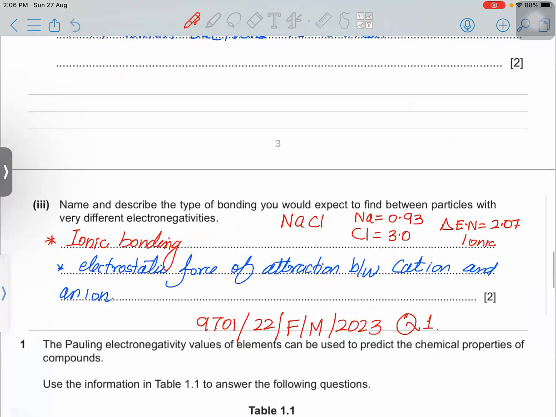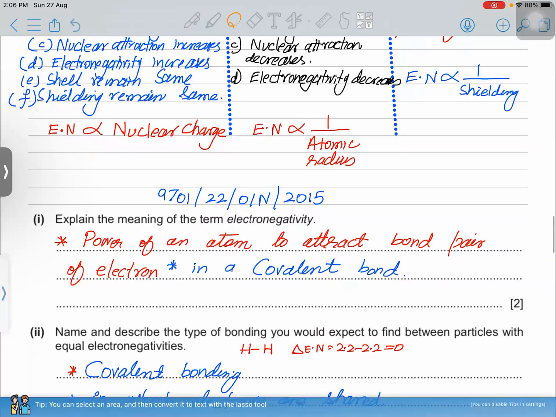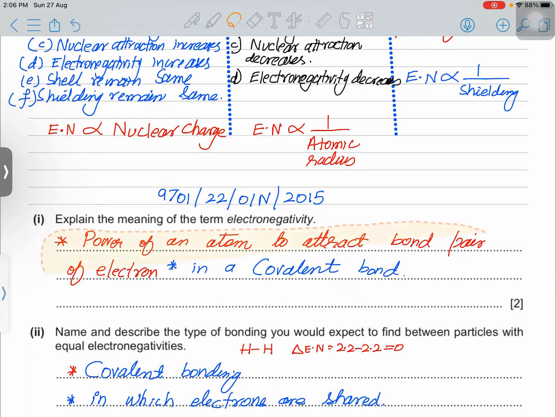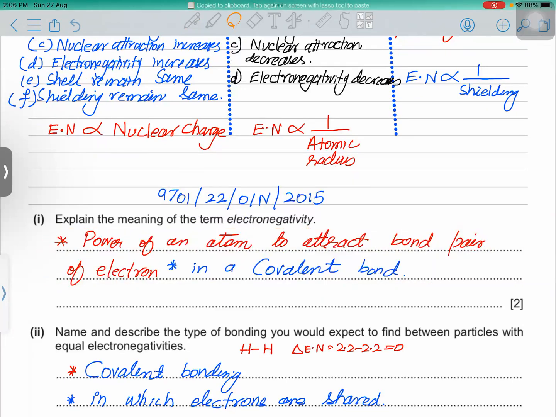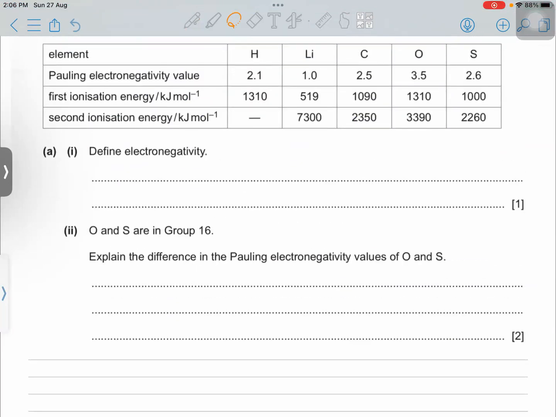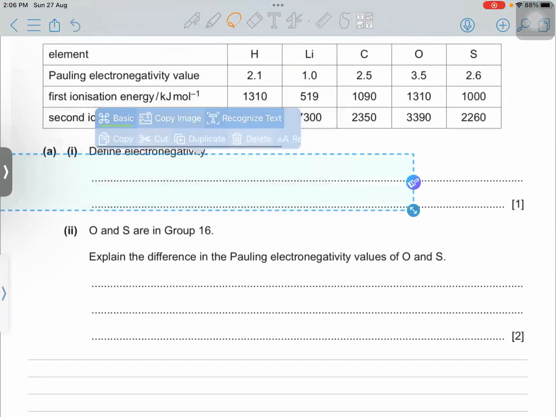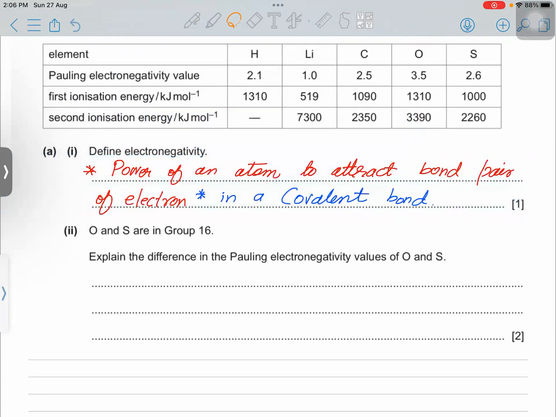What is electronegativity? Can anyone repeat it again? Power of an atom to attract bond electrons to itself in a covalent bond. Exactly. Power of an atom to attract the bond pair of electrons in a covalent bonding.